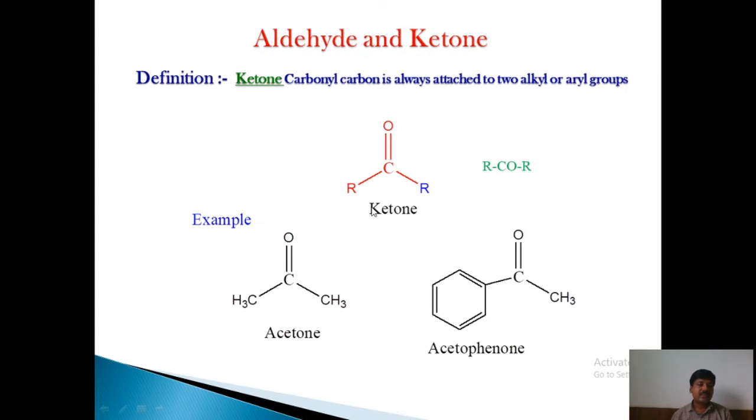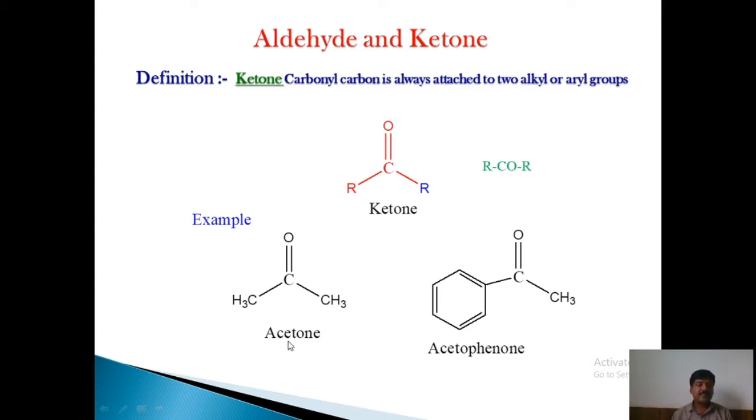After that, what is ketone? Ketone means the carbonyl carbon is always attached to two alkyl or aryl groups, that is RCOR. This is your general formula. R may be a different or the same alkyl or aryl group.